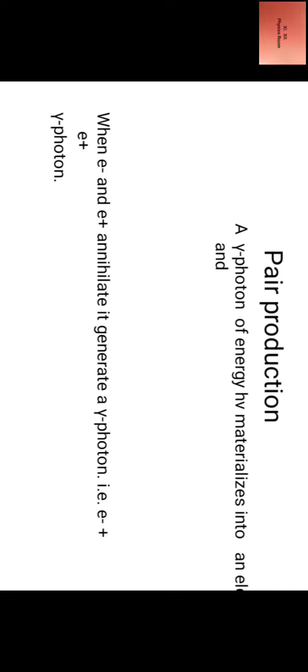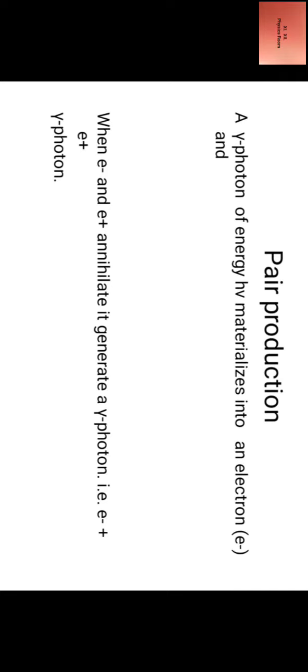Now, we come to pair production. What is pair production? A gamma photon of energy hν materializes into an electron e- and a positron e+.